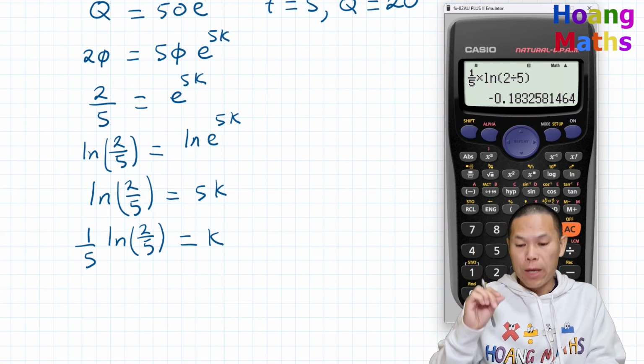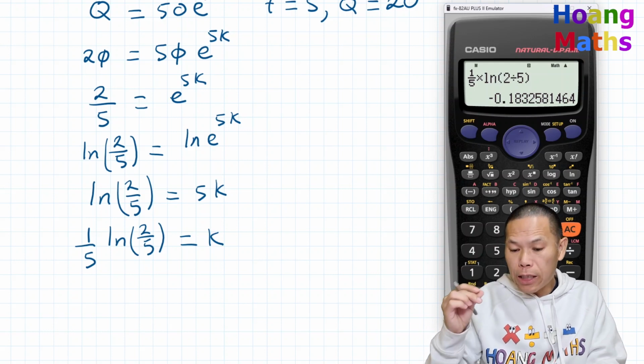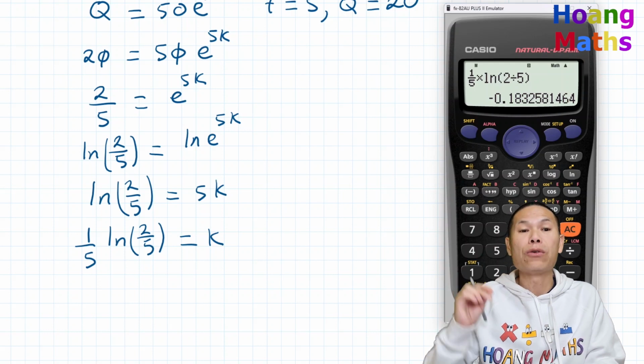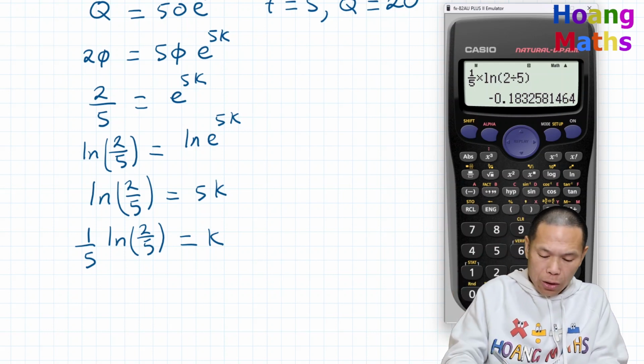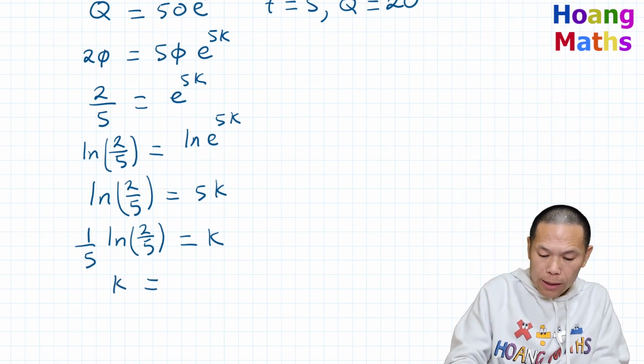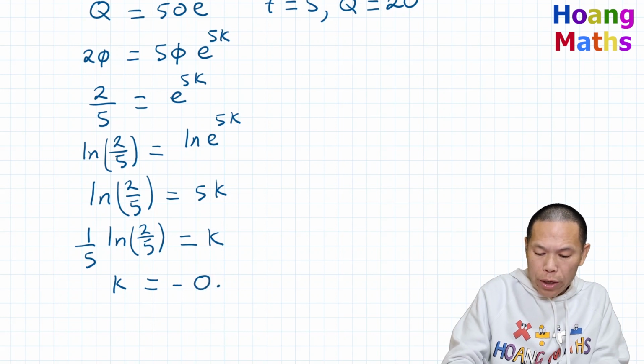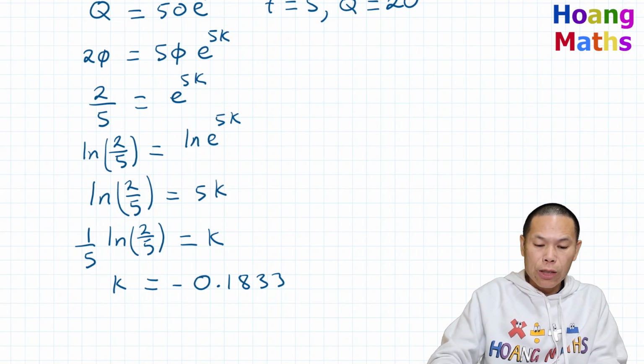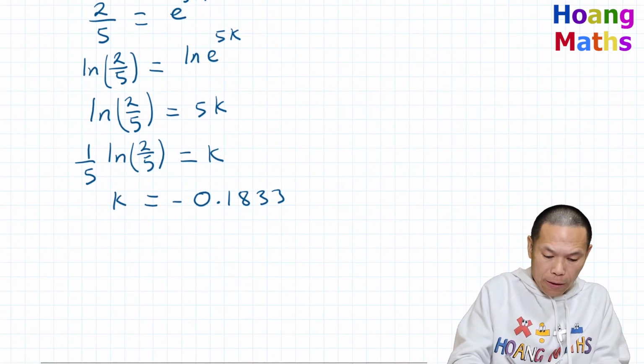So there you go. k is negative 0.1833, correct to 4 decimal places.